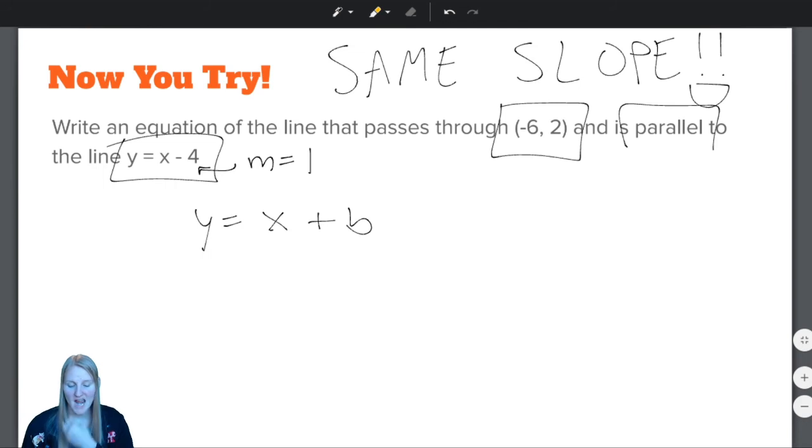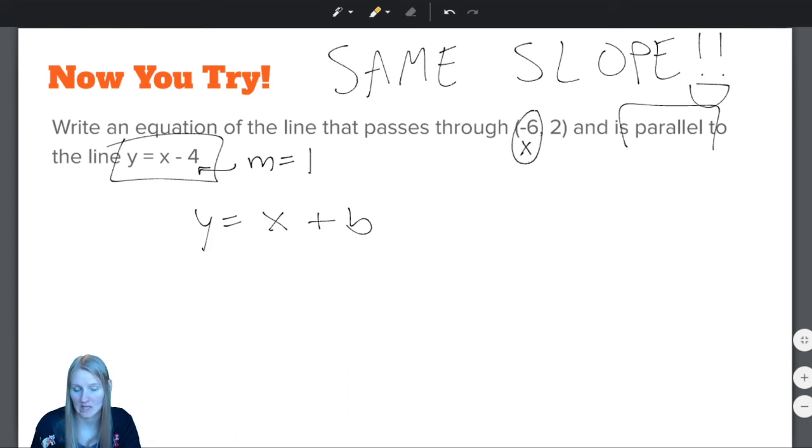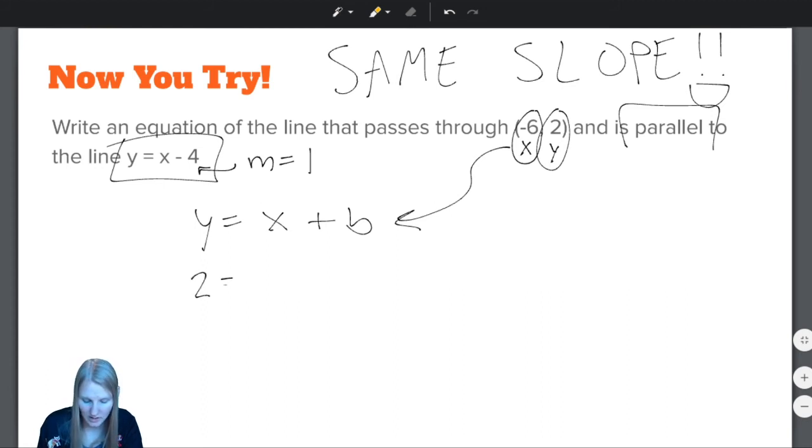Okay, now I need to pass through the point (-6, 2). So that means that -6 is the x coordinate, 2 is the y coordinate, and I'm going to plug them into my equation. y is 2 equals x is -6 plus b.